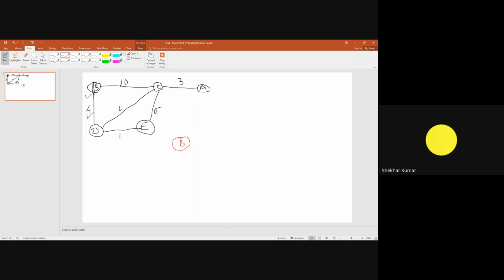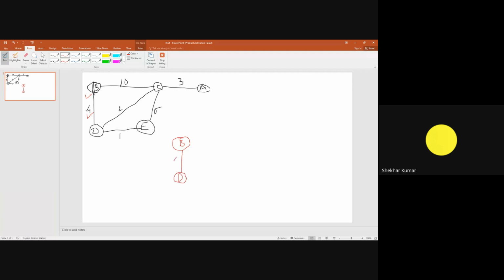Between 4 and 10, the minimum cost is 4. So the edge B to D has the minimum weight, so we add B to D in the MST.